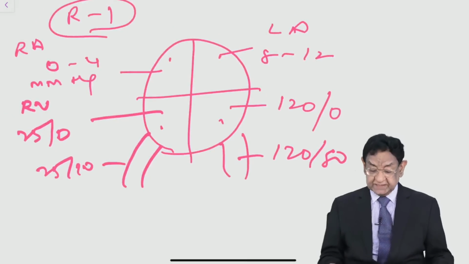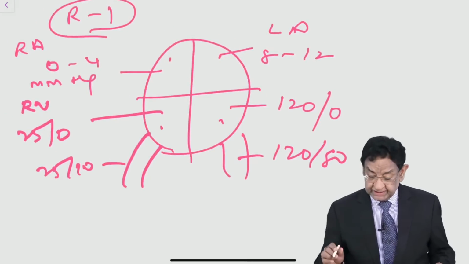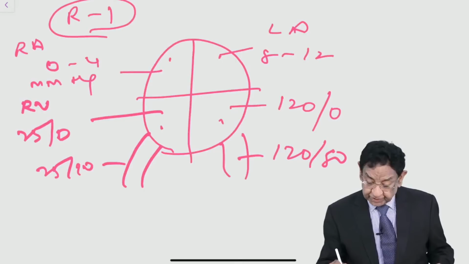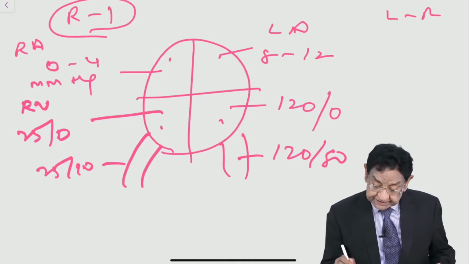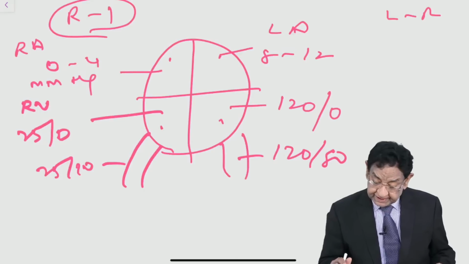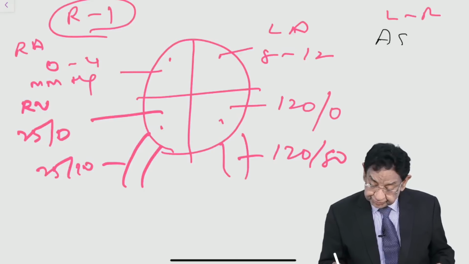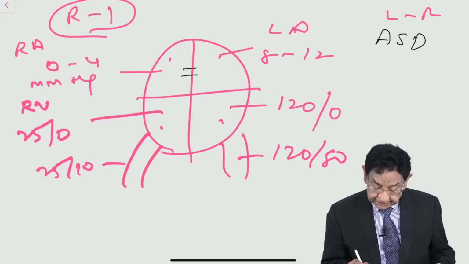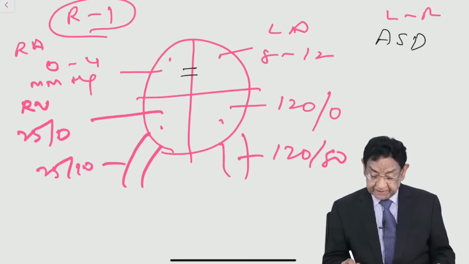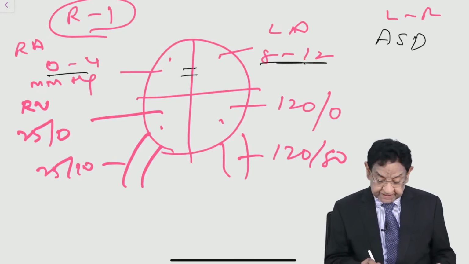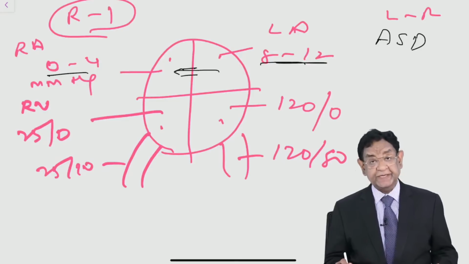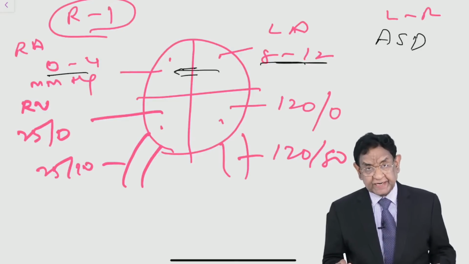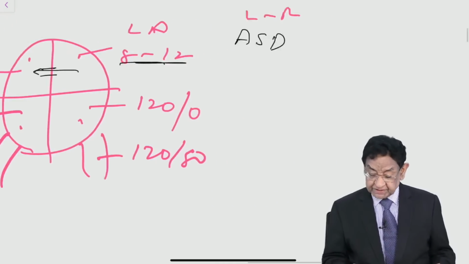Now let's learn the basic concept about left to right shunt. In ASD, a gap is there, but the pressure difference between these two chambers is very low. The blood flows very slowly, very quietly, because the pressure difference is not much.